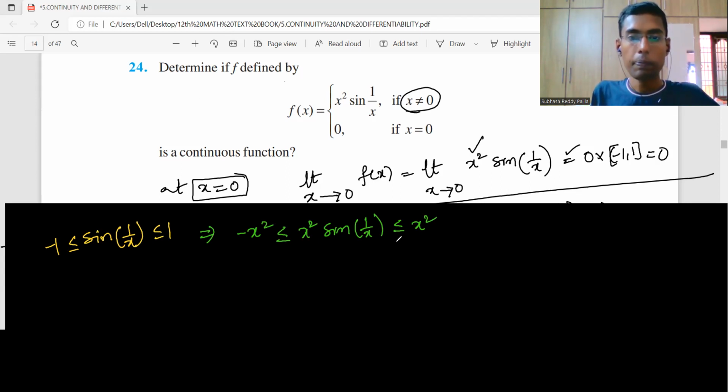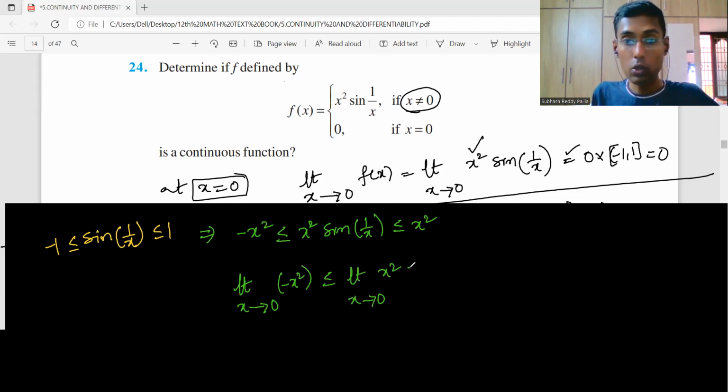Now we can apply the limit. Limit as x tends to 0 of minus x square is less than or equal to limit as x tends to 0 of x square into sine 1 by x, which is less than or equal to limit as x tends to 0 of x square.